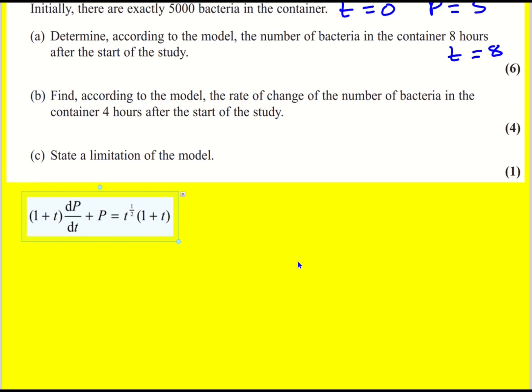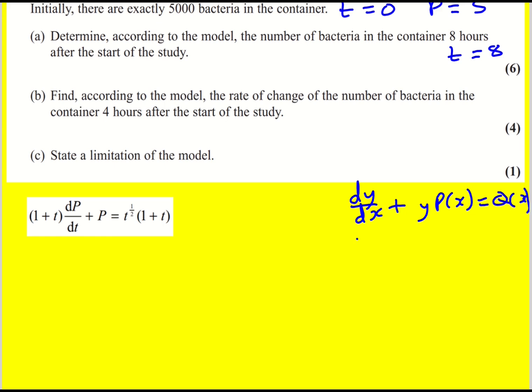Okay, we're going to work out a general solution to this first order differential equation, and then we're going to get a particular solution. And this is an integrating factor question. So let's write it in the form dy by dx plus y times some polynomial p of x equals q of x.